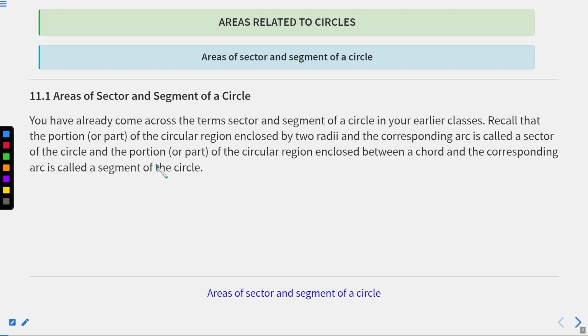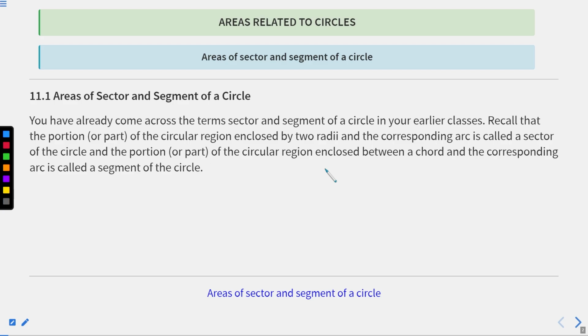You should keep these two differences in mind: a sector is enclosed by two radii and the corresponding arc, and a segment is enclosed by a chord and the corresponding arc.